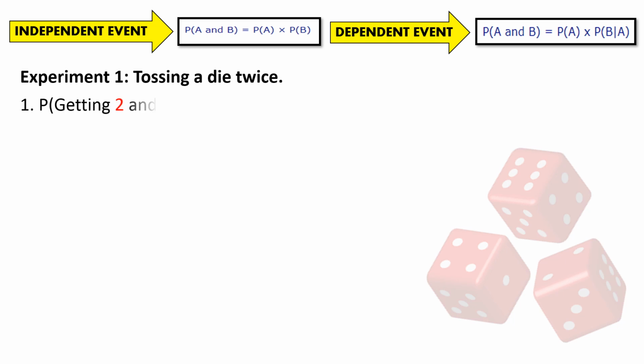In number 1, the probability of getting 2 and 3, we simply use the formula: the probability of A and B is equal to the probability of A times the probability of B. In a die, we have a total of 6 in the sample space. The probability of getting 2 is 1 over 6 because we only have one piece of 2 in a die.